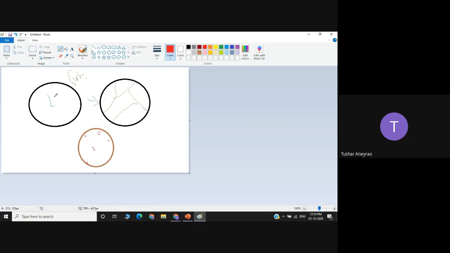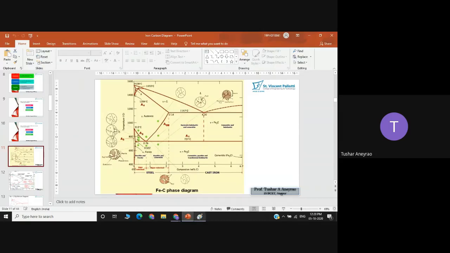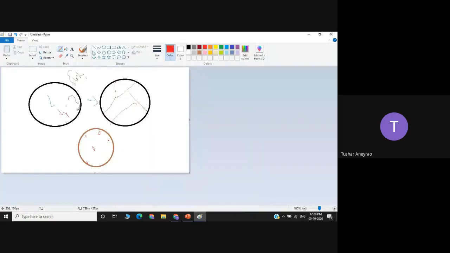So as soon as in this liquid we have 4.3 percentage of carbon, and this austenite has how much percentage of carbon? 2.14% of carbon. So now where has this remaining carbon gone?